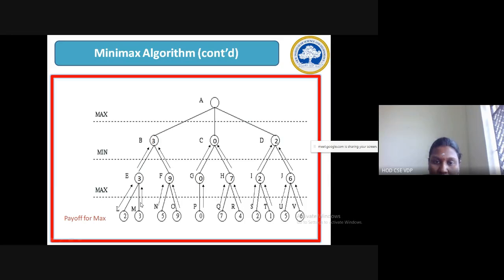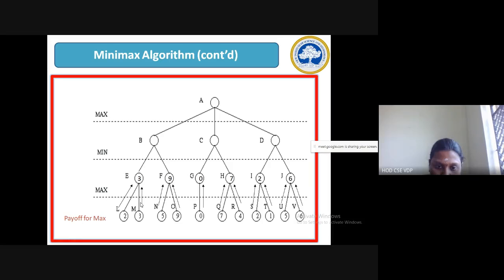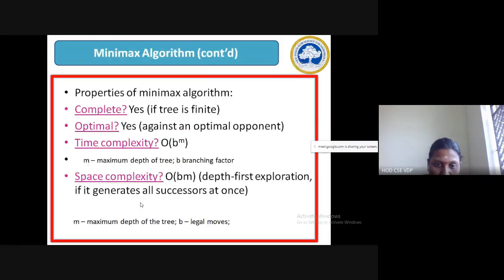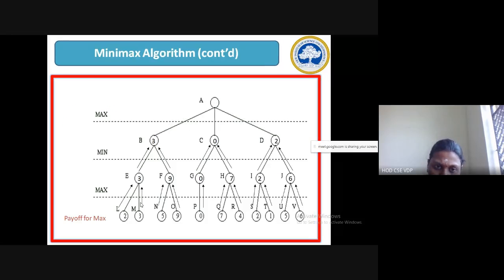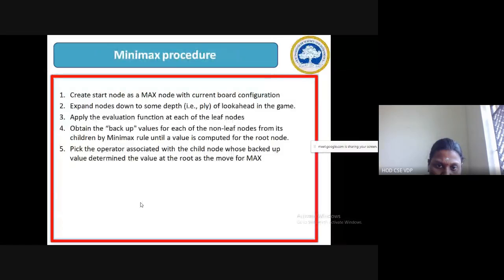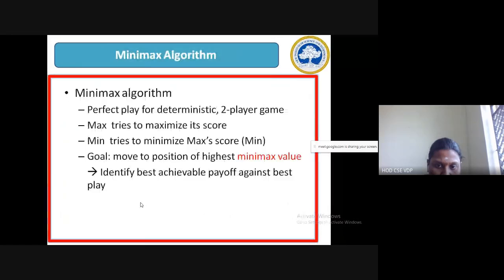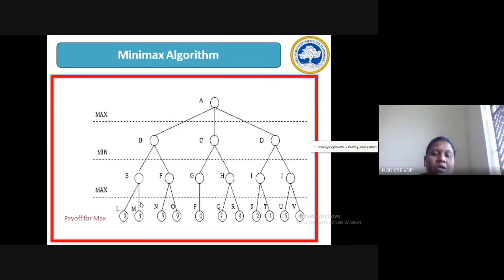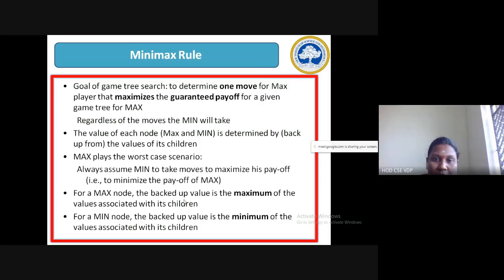Now going back. So this is going to be your min-max rule.